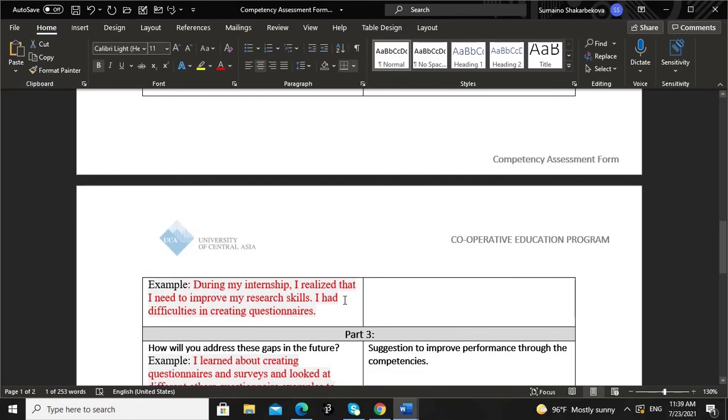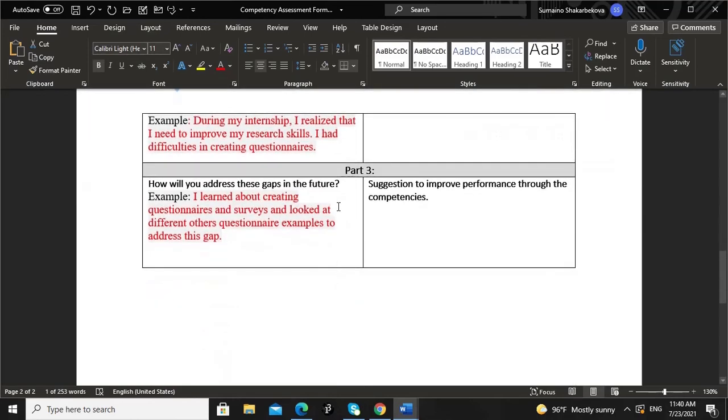Like this, students will list the competency gaps that they observe until the middle of their internship. And then the last part, part three, will be completed at the end of students' internships. Here, the question asks students, how will you address these gaps in the future?